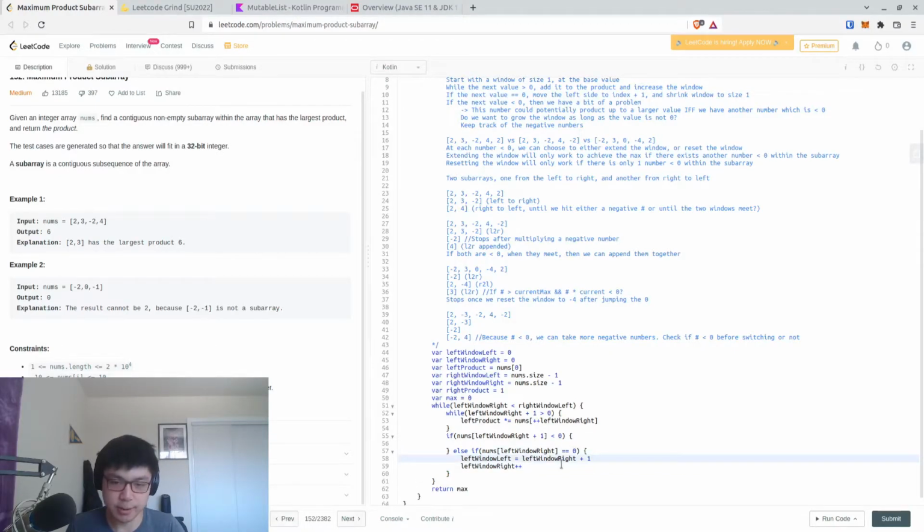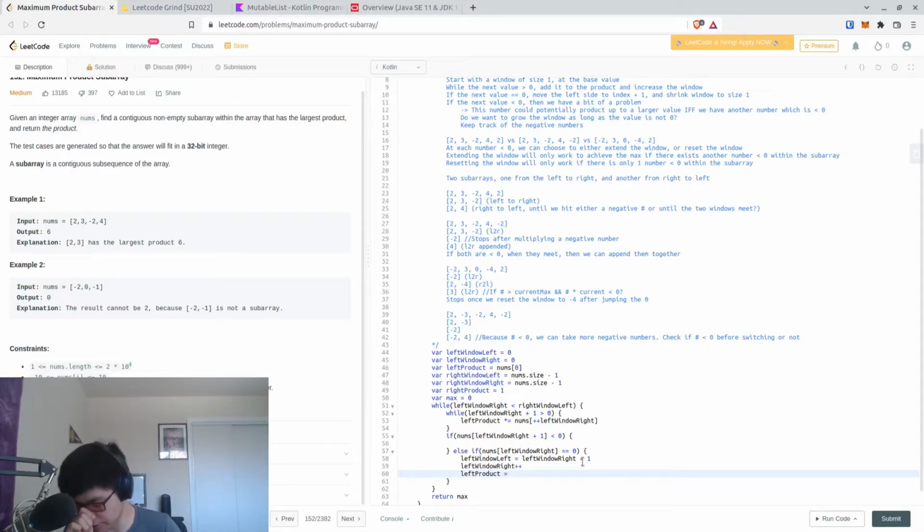So we're just skipping the left window right. We're just skipping one index ahead so that we don't multiply the 0. And then left product is equal to 1. I think we reset it too.